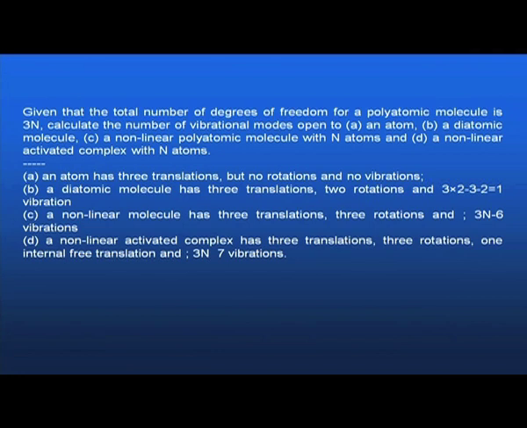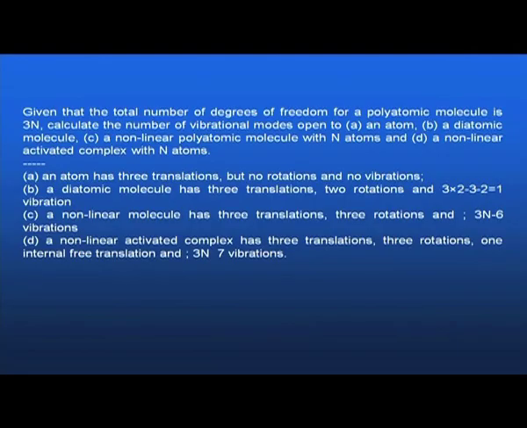So, how to look into that? As I told you, for an atom there are no vibrational degrees of freedom, just simple translation, this way or that way or the other way. It will not have any rotation or vibration because the atomic system is thought to be spherically symmetric.